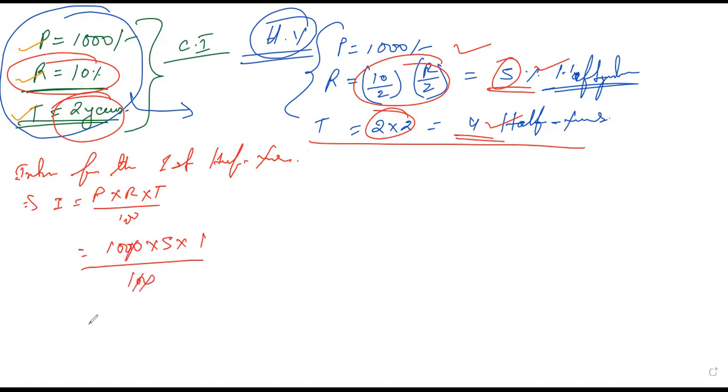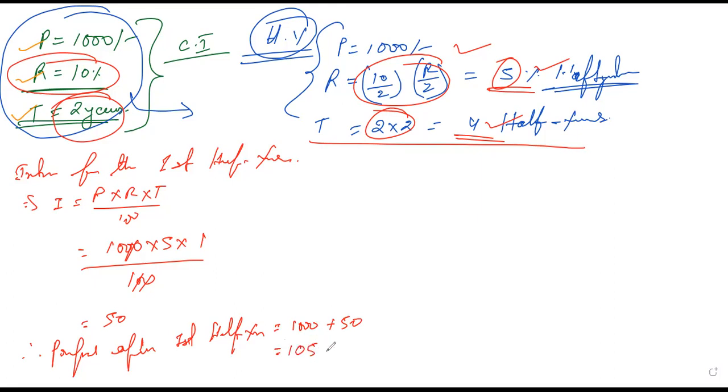So it is going to be 50. So interest after the first half year is 50. Therefore, principal after the first half year equals 1000 plus 50, which is 1050.